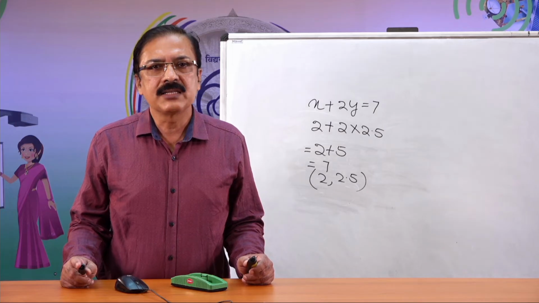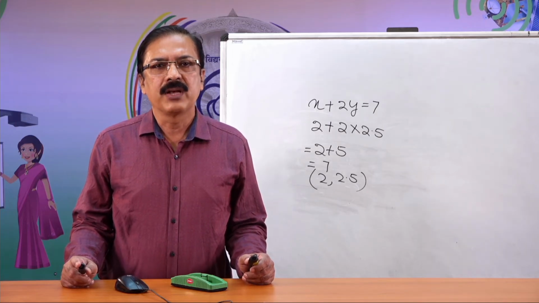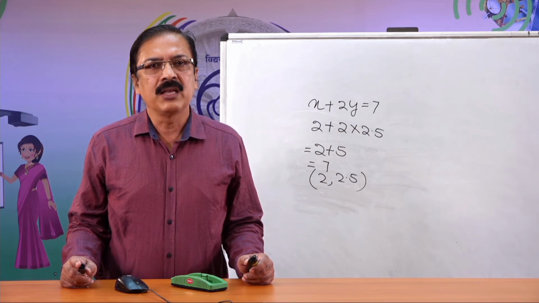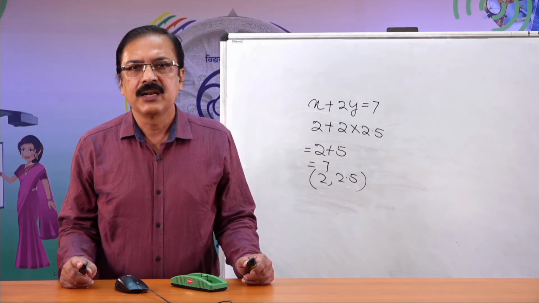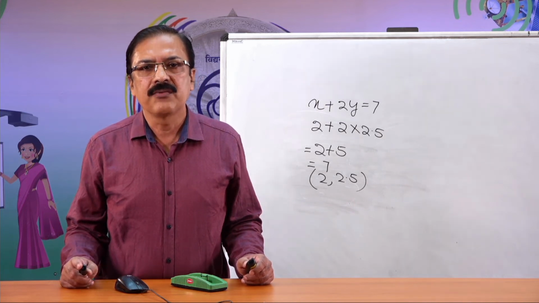It is named a linear equation because if we draw the graph of the equation, it gives us a straight line.